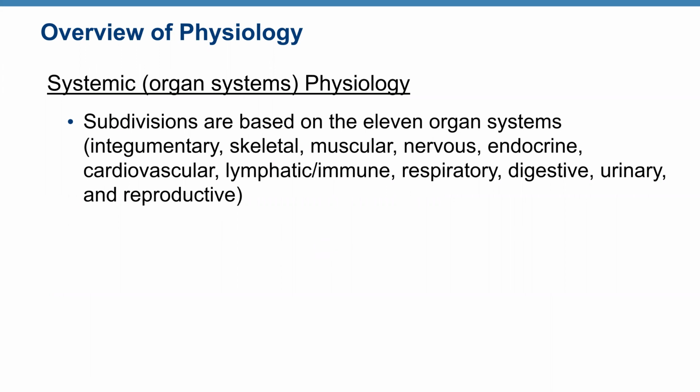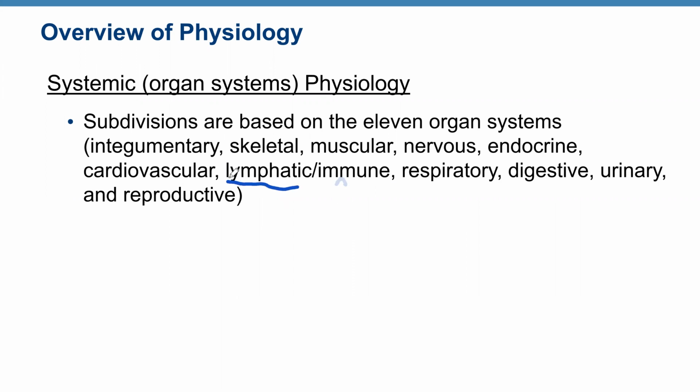Now, when we talk about organ systems, subdivisions are based on 11 organ systems: integumentary, skeletal, muscular, nervous, endocrine, cardiovascular, lymphatic, or immune. So you see these two names for the same system. In anatomy, we refer to this system as lymphatic. In physiology, most often we name it immune.